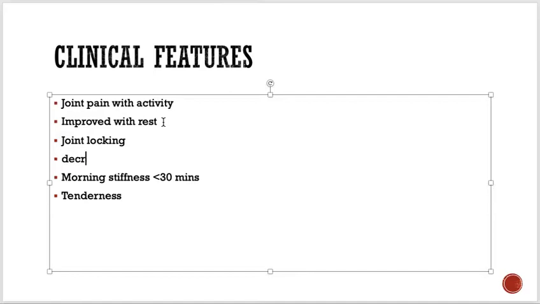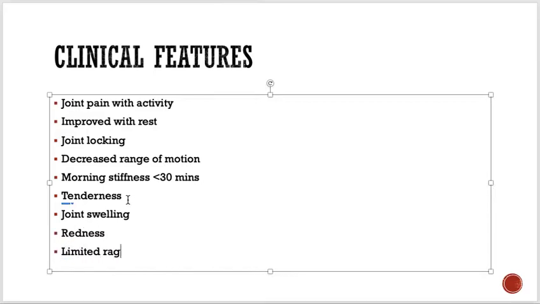And when you examine, you can find tenderness, joint swelling, redness or erythema, and limited range of motion. When you try to move them, there will be limited range of motion.